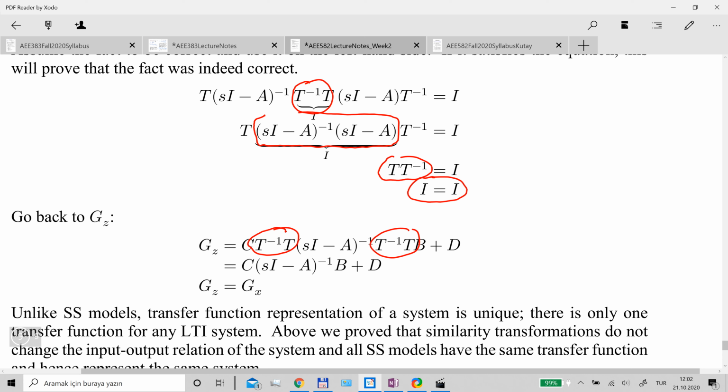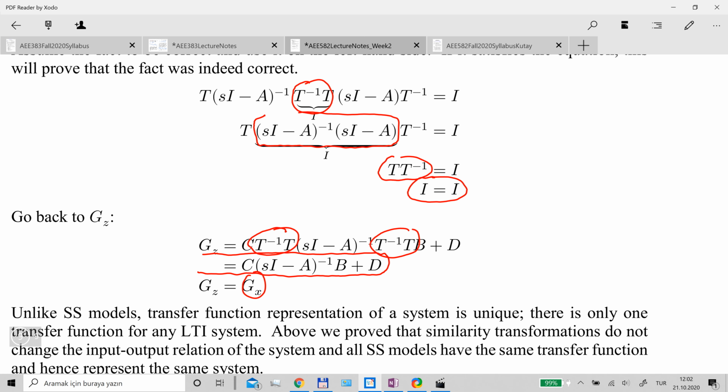These cancel each other out, and you are left with the expression that is exactly the same as the transfer function expression for the original state space model. And this proves that when you perform a similarity transformation, you obtain different A, B, C, D matrices. However, it still has the same transfer function as the original system, which means that the similarity transformation doesn't change the dynamics, and it still represents the same system.